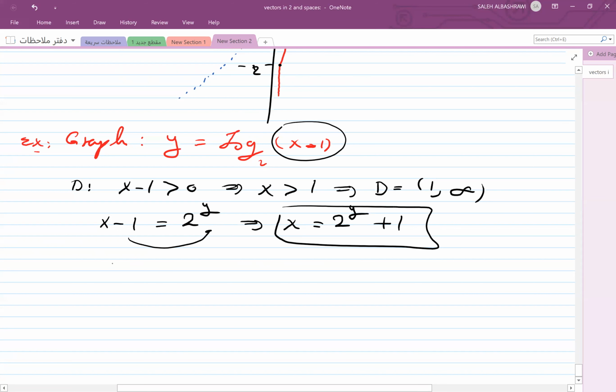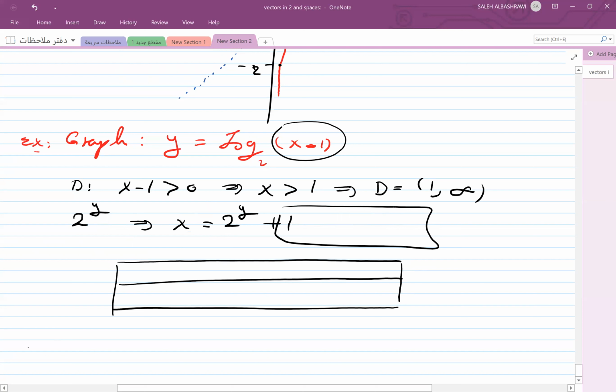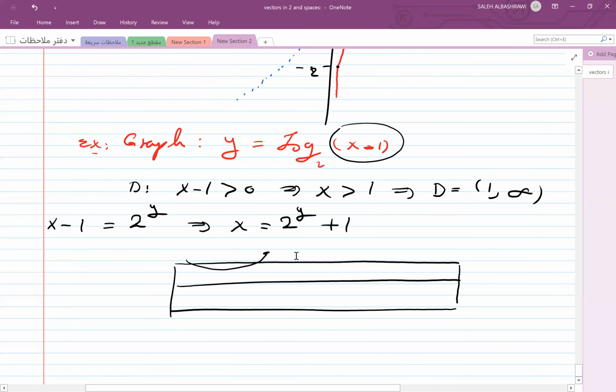Now find x and y, or graph these points. Let's find x and y, using y as the independent variable. 5 points will be enough.